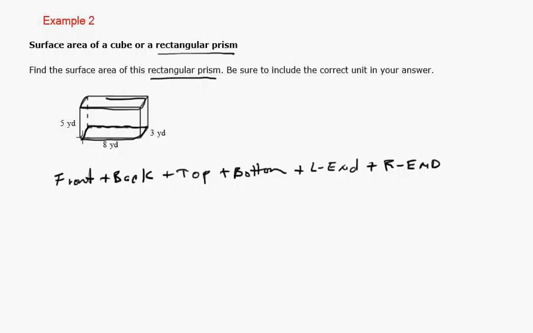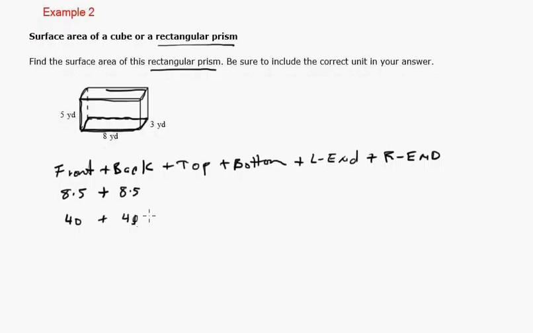The area for the front is 8 times 5. The back is also going to be the same thing, 8 times 5. So that's 40 plus 40. Now the top would be 8 times 3. If this is 3, then this is 3 up here.